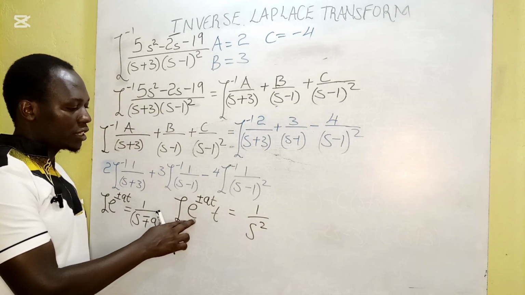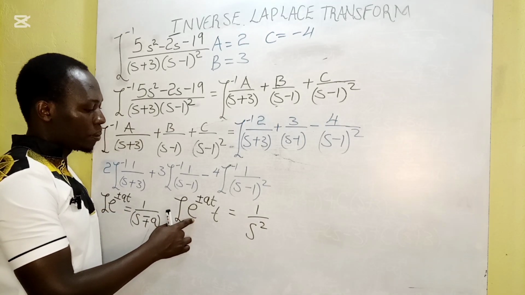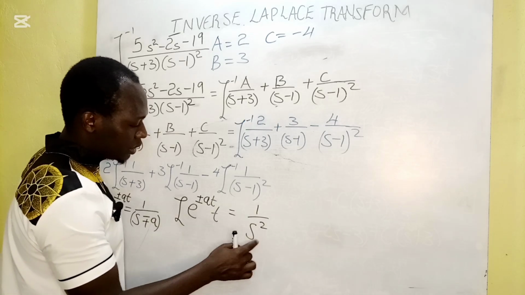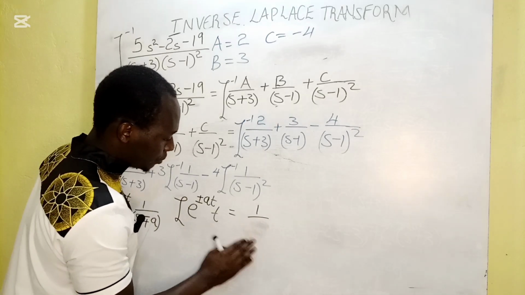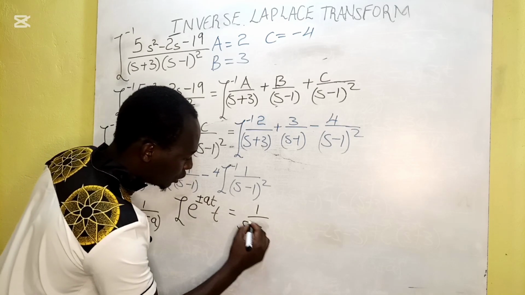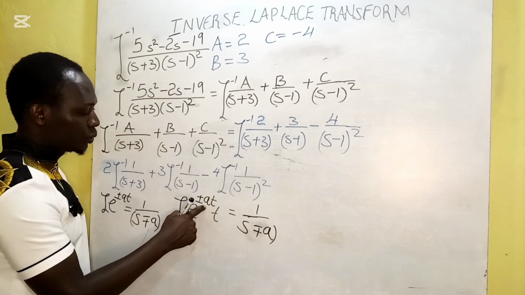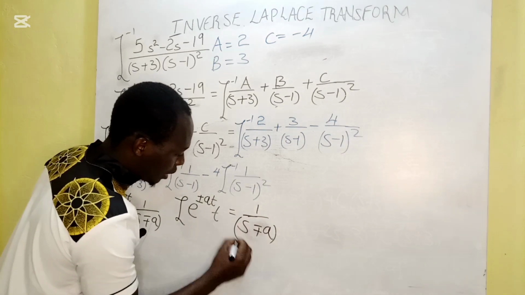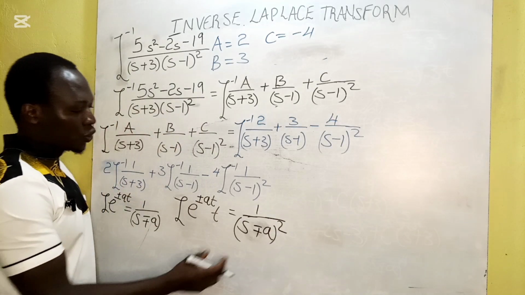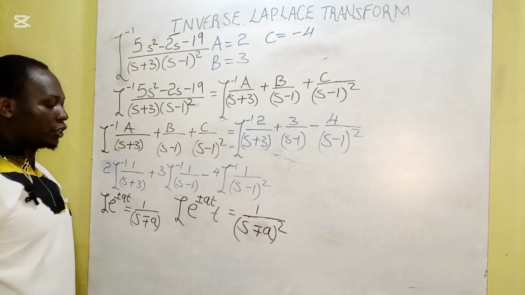But since we are using the first shift theorem, the term of s at this point must be shifted. By shifting the term of s, we are going to have s negative or positive a, because we are shifting with respect to our term of a, and here s was squared. It means that when we check whatever we are having here, it matches our function here.